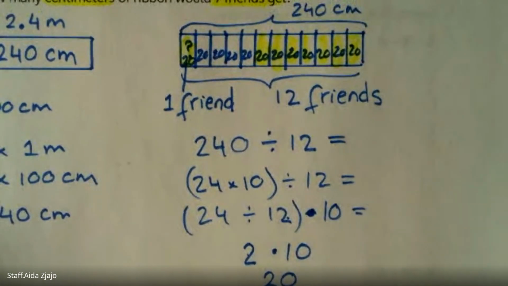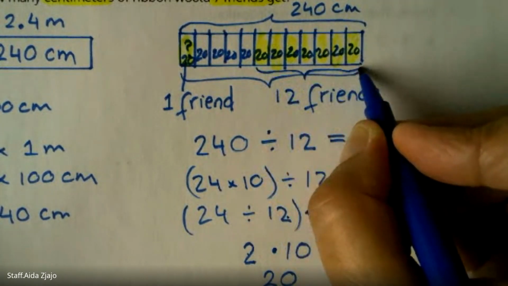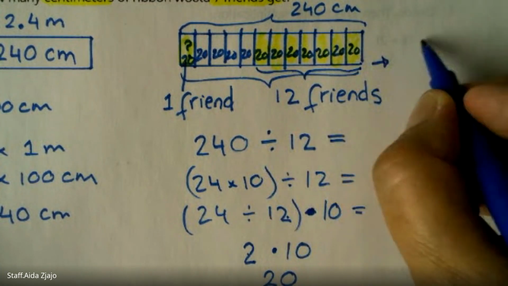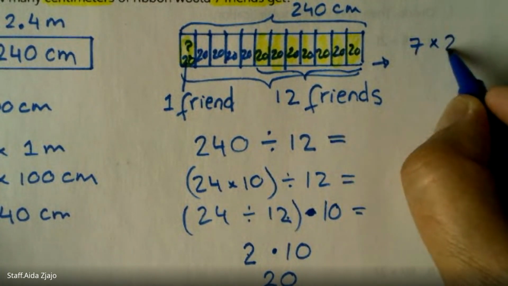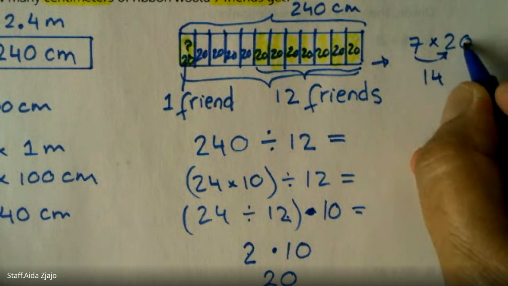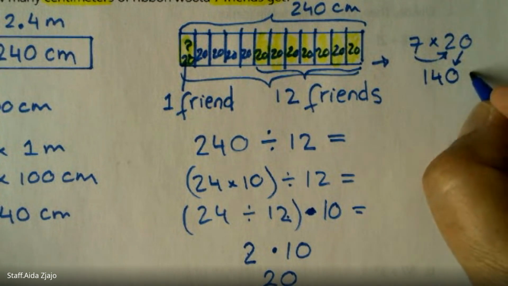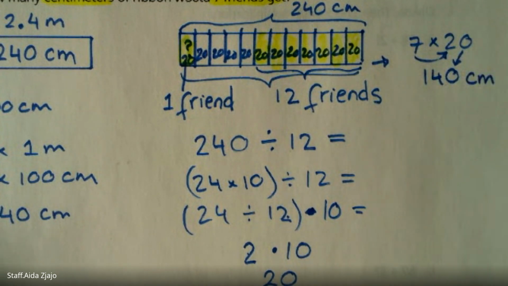Okay, so this one here is 7 friends. 7 times 20 equals 7 times 2 is 14, and add the 0, 140. So 140 centimeters will 7 friends get.